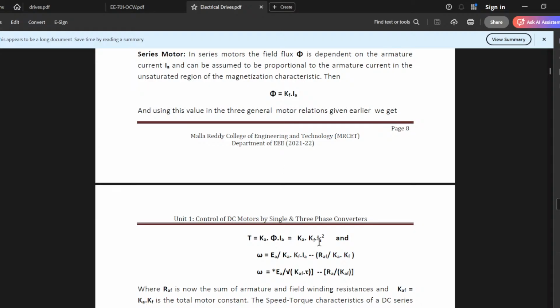So Kf into Ia into Ia gives Kf Ia squared, and omega is E upon Ka phi, so phi becomes this, minus Ra upon Ka Kf.